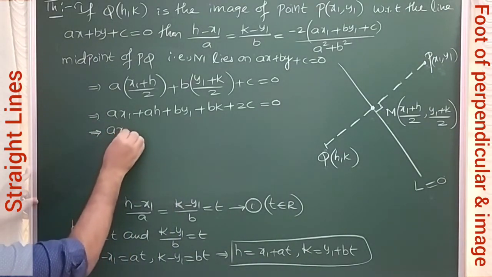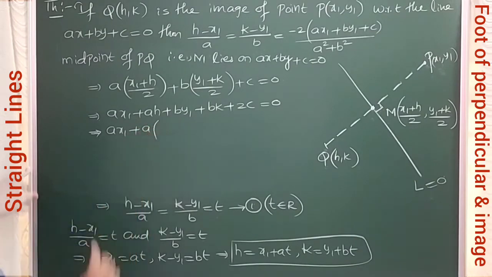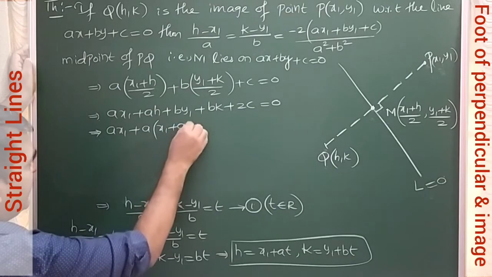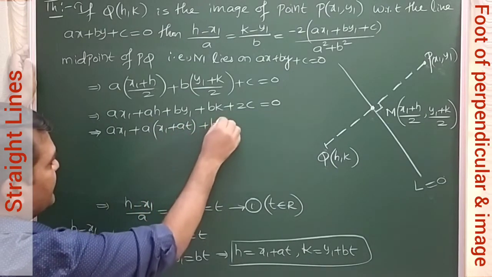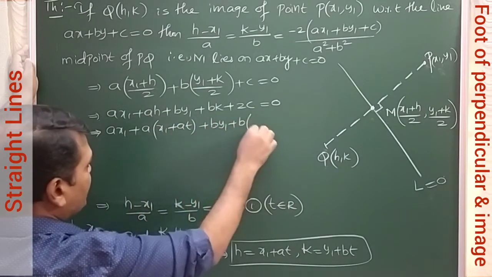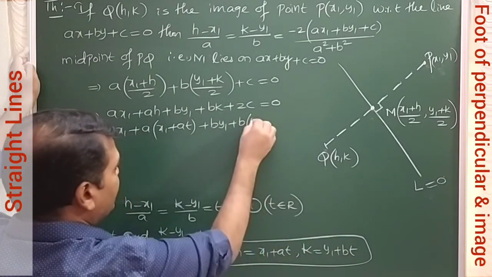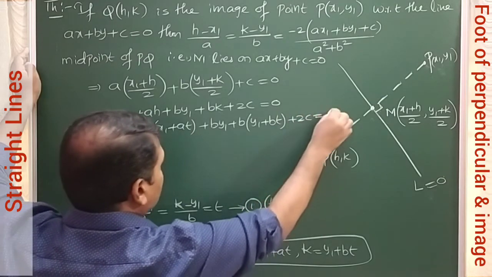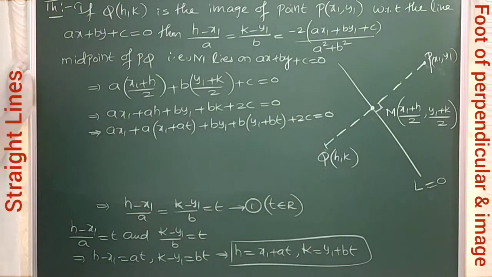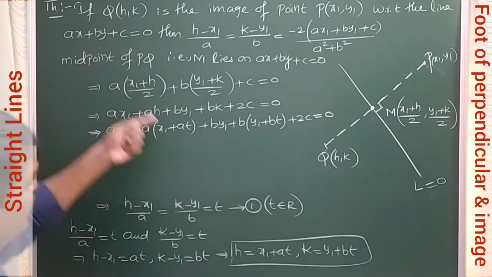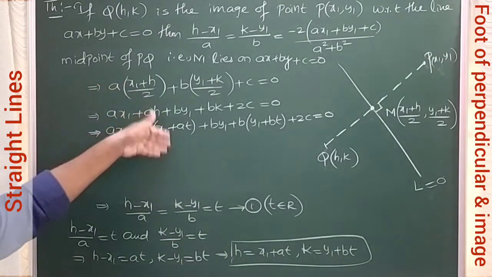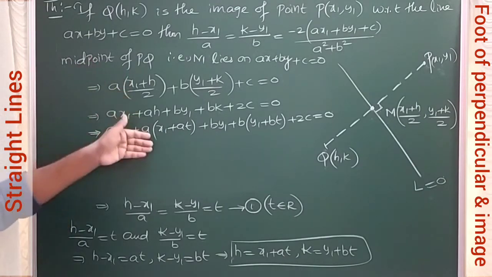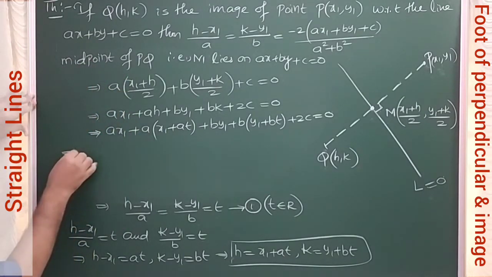So ax1 plus a into h, that means x1 + at, plus by1 plus in place of k, y1 + bt, plus 2c is equal to 0. We can substitute h, k in this step also, or here, anywhere you can substitute, but substitution you have to do, that can be in this step or this step, doesn't matter.